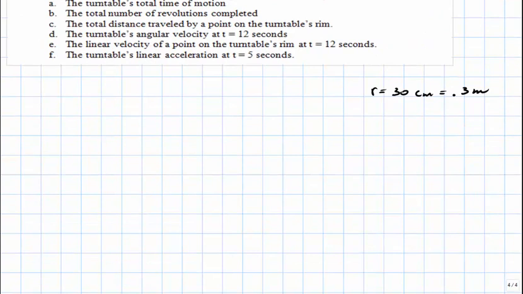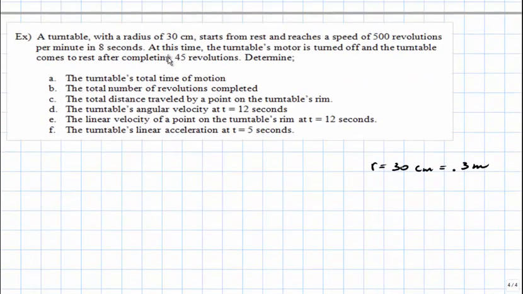Next, the angular velocity is noted as 500 revolutions per minute. And that, of course, is the final angular velocity. The turntable started from rest, and that means the initial angular velocity equals 0. Now, angular velocity is represented by omega. So, omega 0 is 0 in this problem.